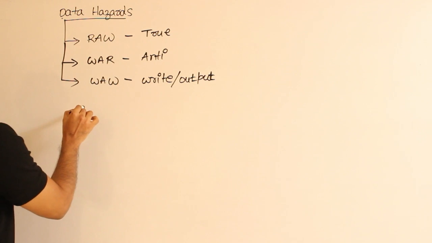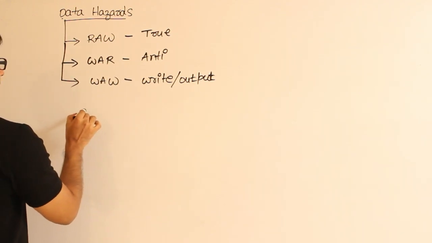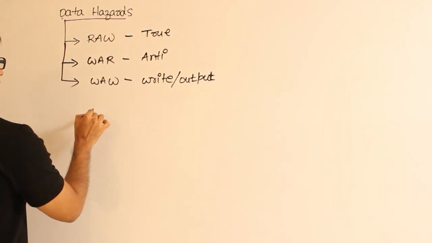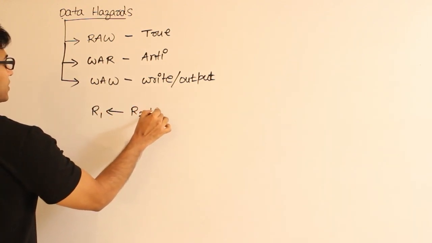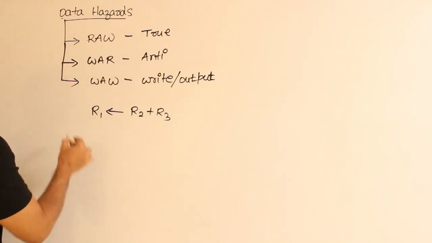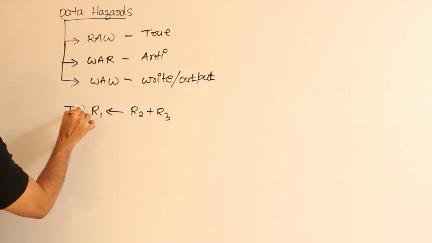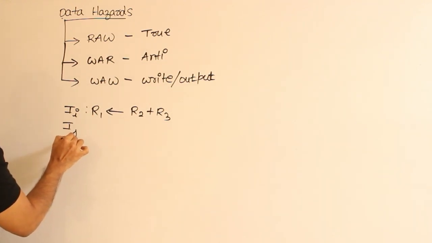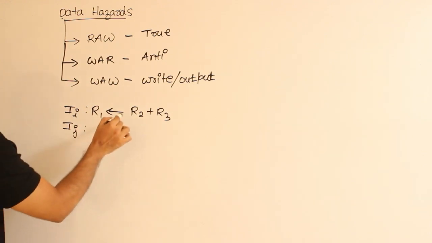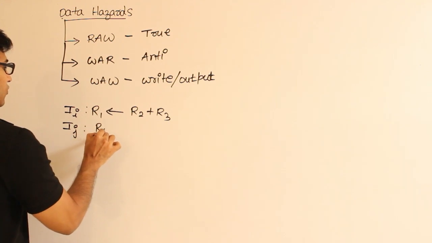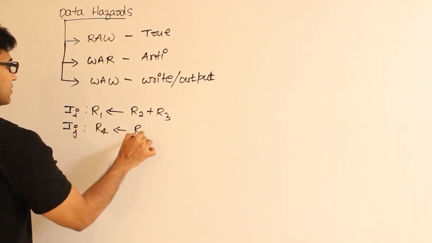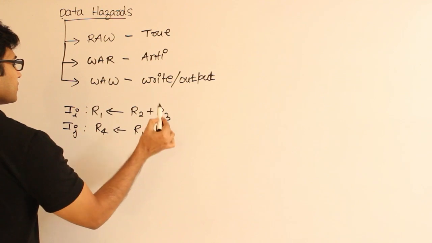Let us say there is an instruction like this: R1 = R2 + R3. Let's say this instruction is Ii, and then there is an instruction following Ii, which is Ij: R4 needs R1, something like this.